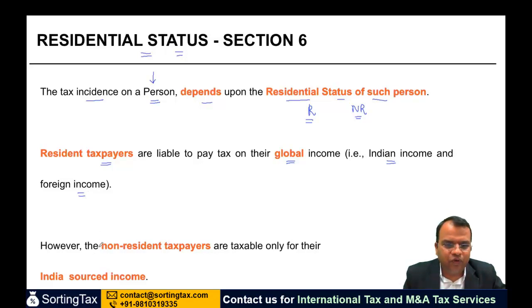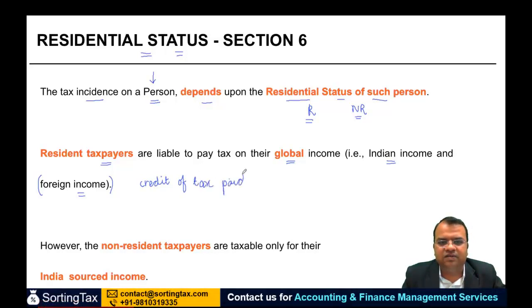However, but before I go to this point, if you have to pay taxes on foreign income, what happens is you are given a credit of tax that you pay overseas. We will discuss this aspect at a later point in time, but you have to get a credit for the taxes that you might have paid overseas.